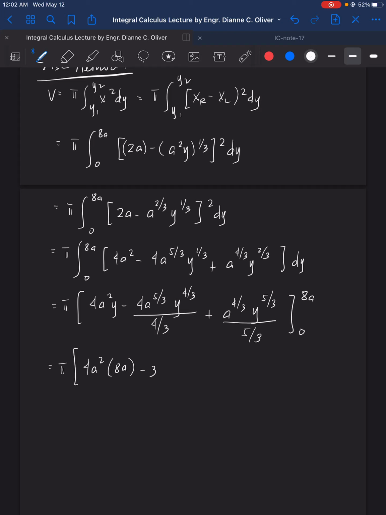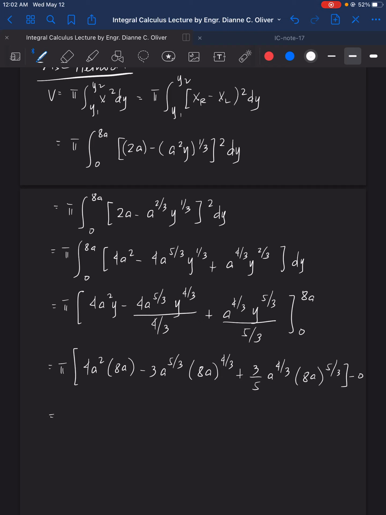This is 3, a raised to 5/3, y is 8a, 4/3, plus 3/5, a raised to 4/3, then 8a raised to 5/3, then minus 0, of course.